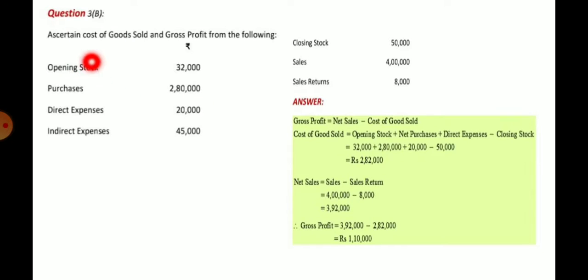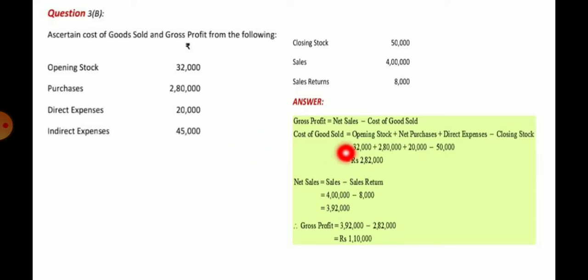Now the next question, again you have to find cost of goods sold and gross profit also. The gross profit formula will be net sales less cost of goods sold. So first of all you have to find the net sales. The formula of net sales is sales minus sales return. And first of all you have to calculate cost of goods sold.